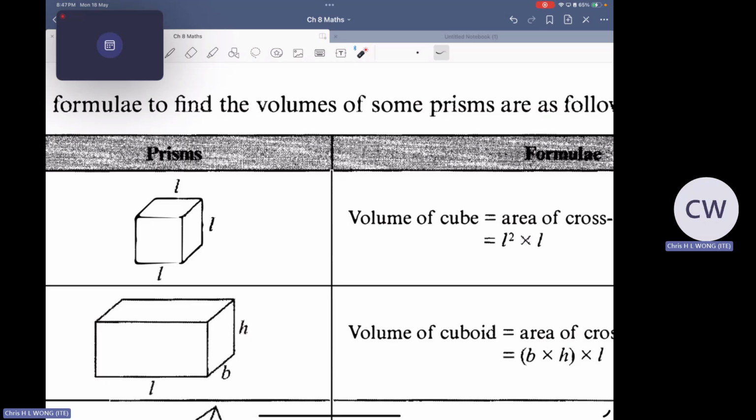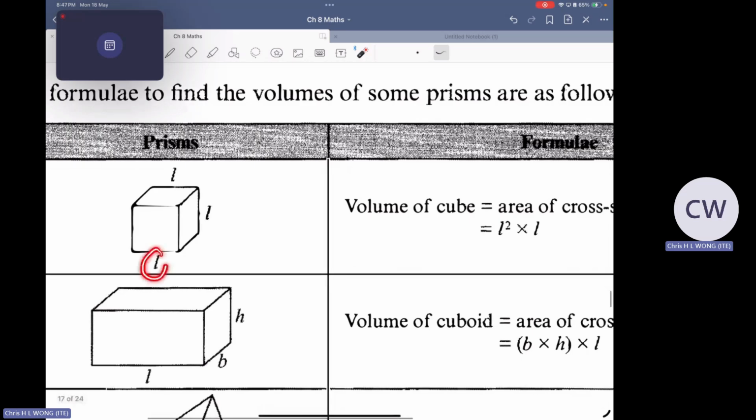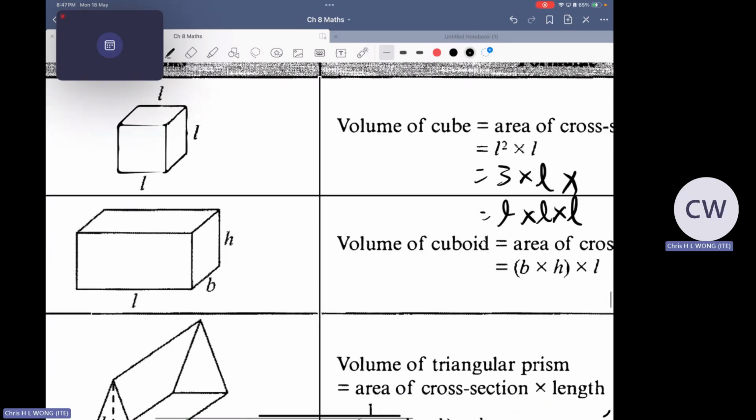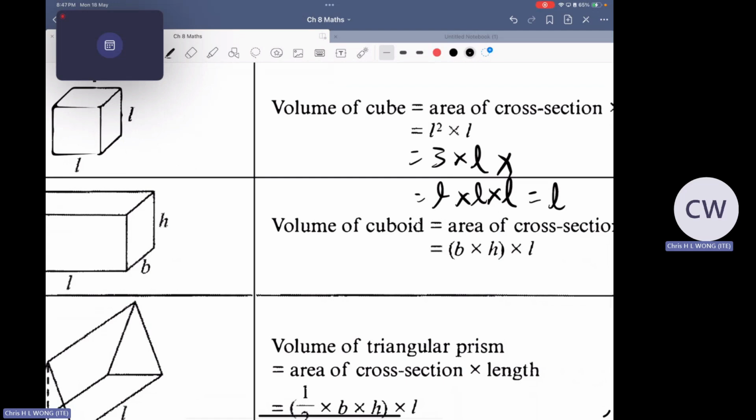It's not 3 length. It is not 3 times L. It is L times L times L. That's why you have L cube.